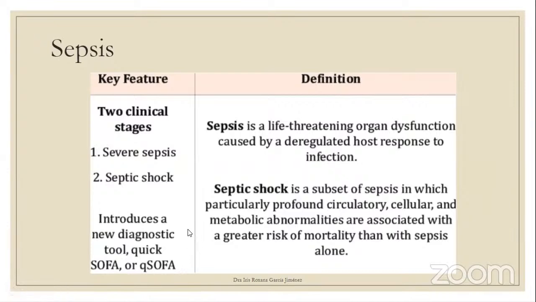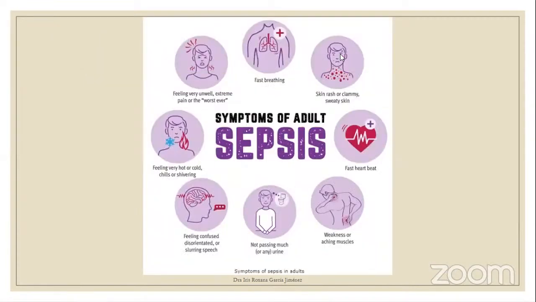This scale helps us decide if a patient is in sepsis or not, and then we have the chance to evaluate properly and start the best treatment, of course. On definitions, we all know about it. Sepsis is a life-threatening organ dysfunction caused by a dysregulated host response to infection, okay? Septic shock is for you.